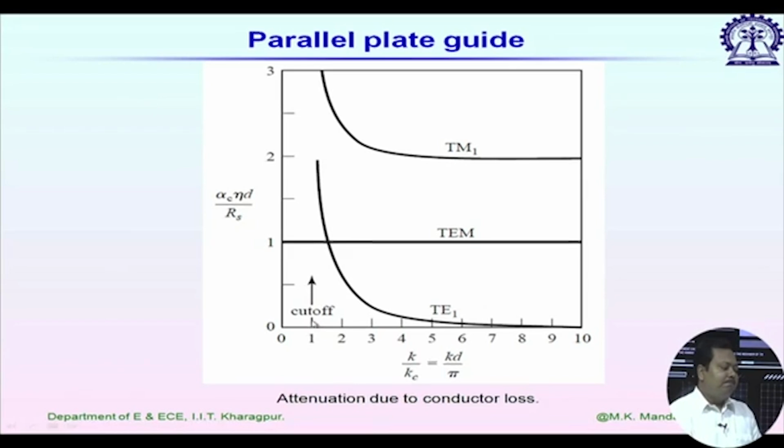At cutoff, normalized alpha c goes to infinity. For TEM, throughout the frequency it is constant and it does not have any cutoff frequency. For both TM and TE, the cutoff frequency is the same, and due to the perpendicular electric field component, for TM1 we have higher conductor loss.